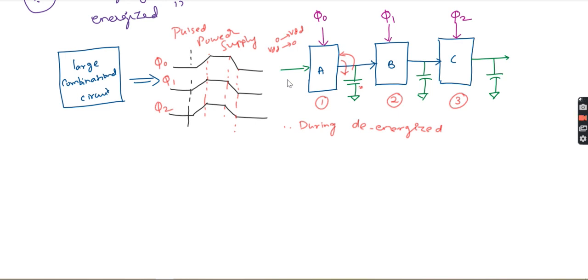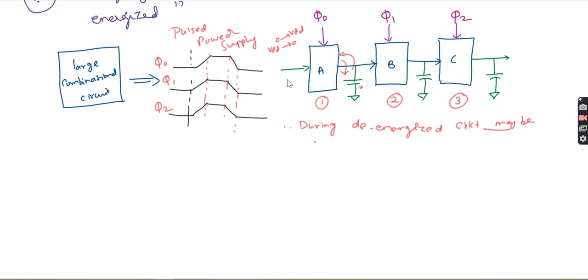During de-energized time or during de-energized circuits may be adiabatically energized. So here I can say inside the gates, the gates must be de-energized in the reverse order before the input values to the cascade may change.